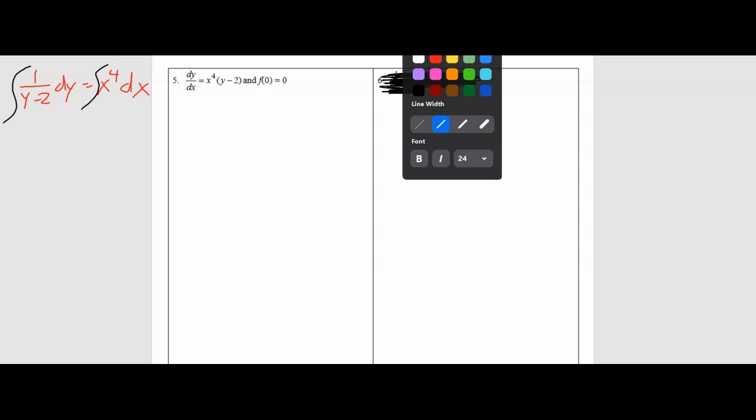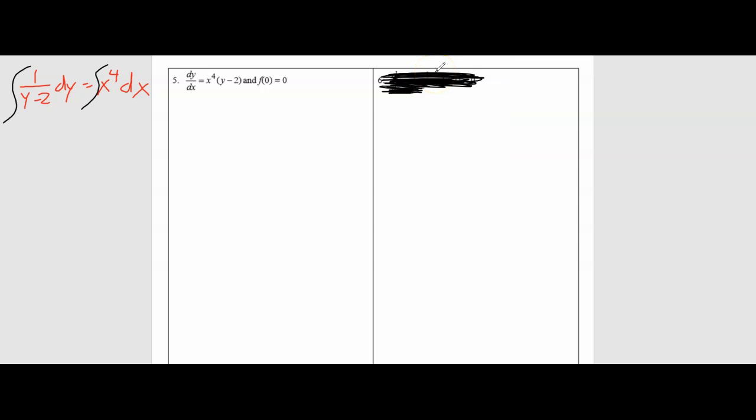The antiderivative of 1 over y minus 2 is going to be the natural log of the absolute value of y minus 2. You need those absolute value signs so that it works for negative values of y as well, or rather when this quantity right here, y minus 2, is negative.